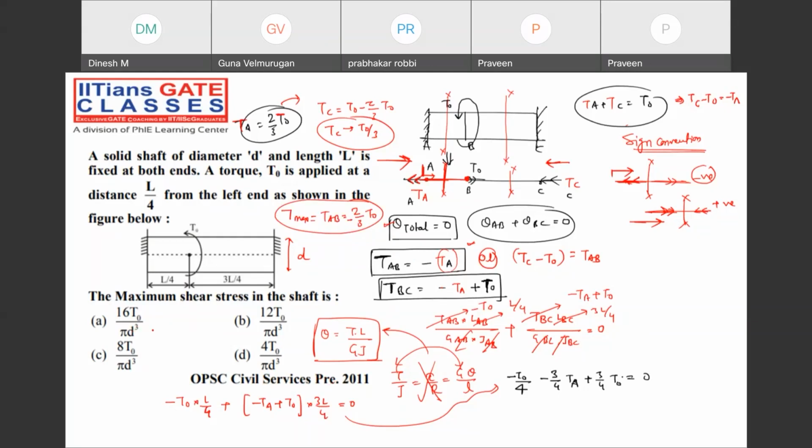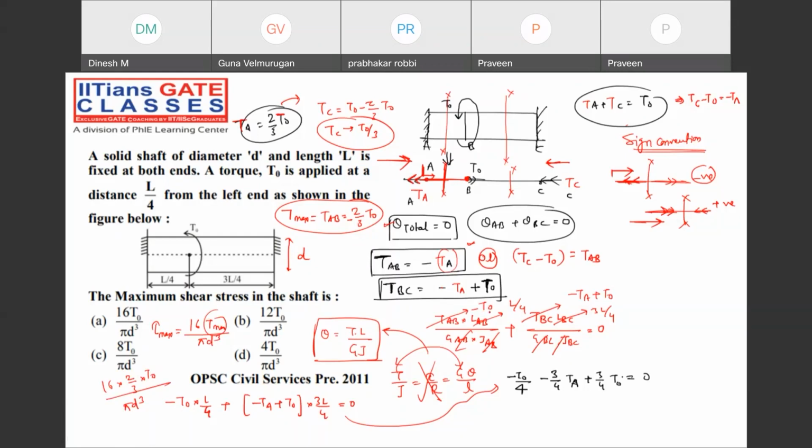Perfect. So the maximum shear stress will be 16 times T maximum divided by pi d cubed. Put the value, get the answer. Was any mistake committed? Check it out in the TA calculation.